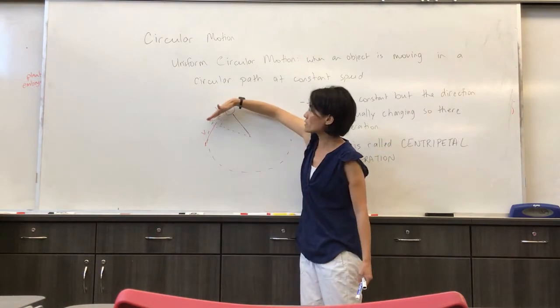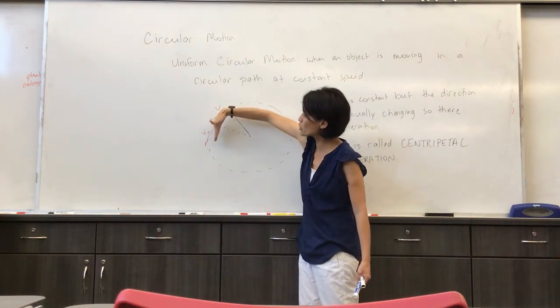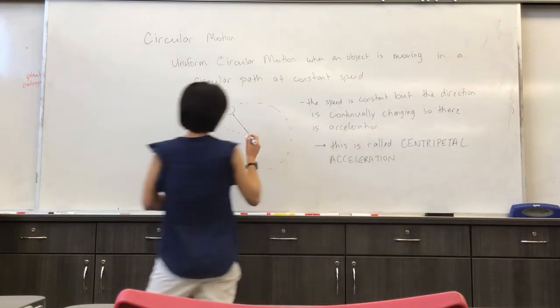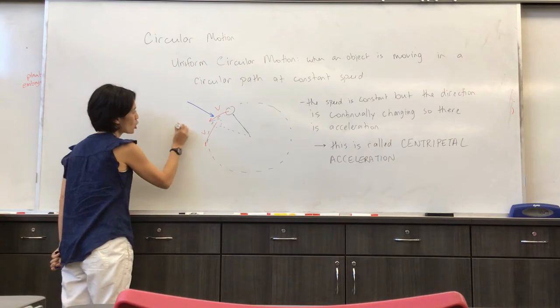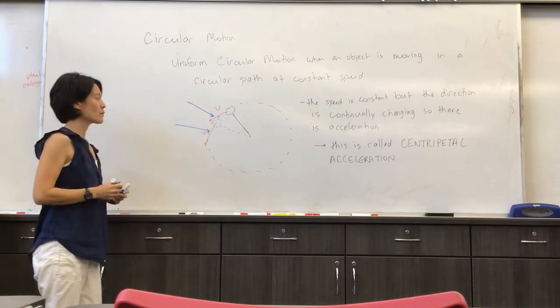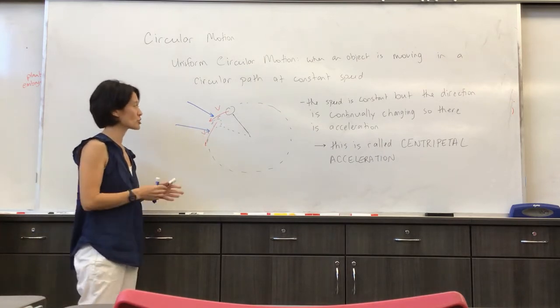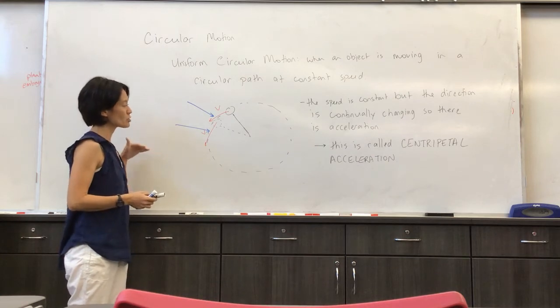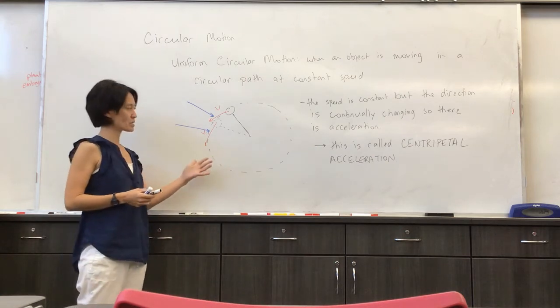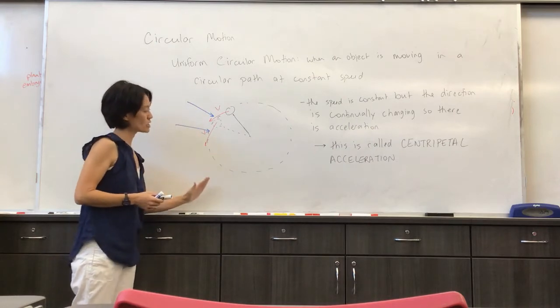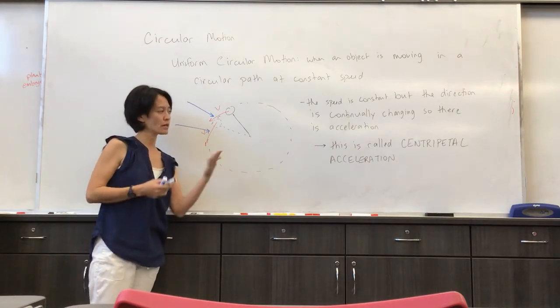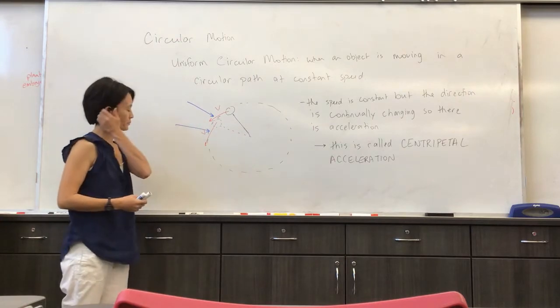So if initially my velocity is going in this direction, and then something pushes it that direction, it's as if there's some force pushing it that way to cause that directional change. And so the centripetal acceleration is always an inward acceleration, in the sense that it's pushing that velocity so that it is rotating along with the circle.